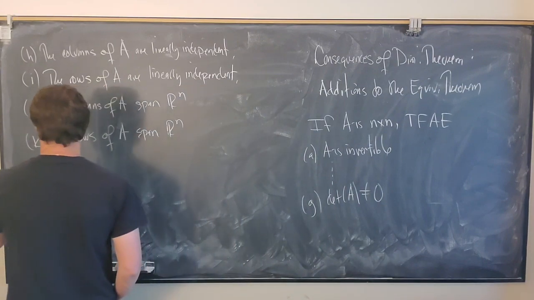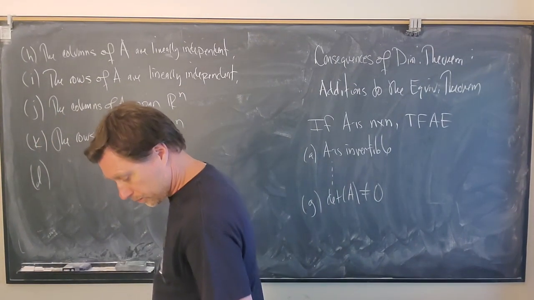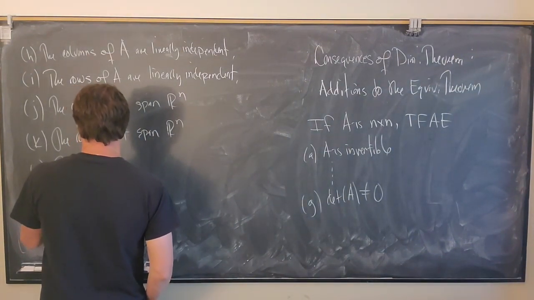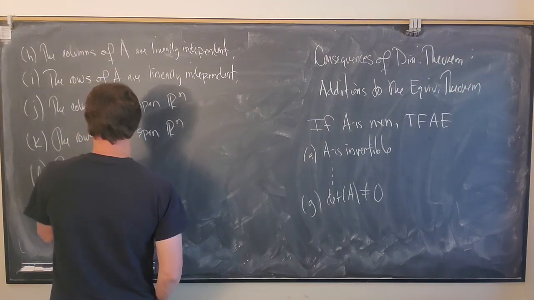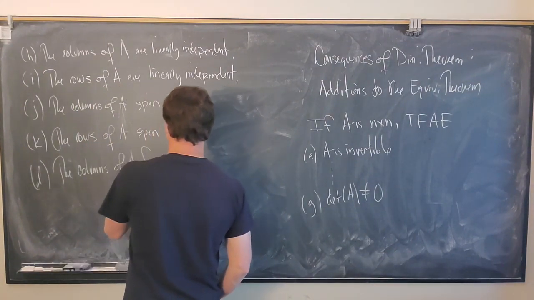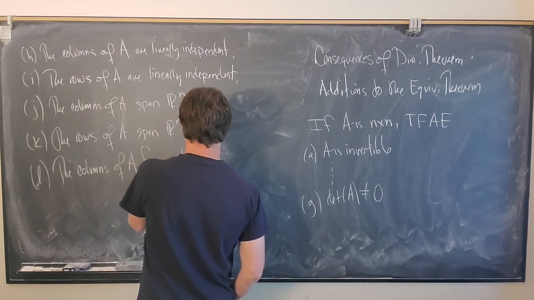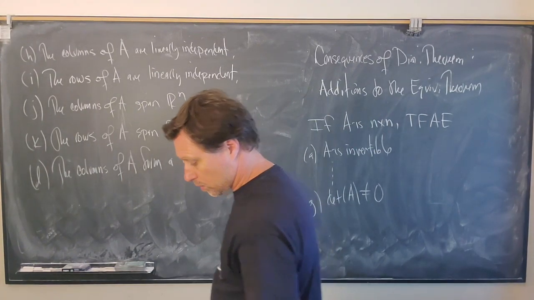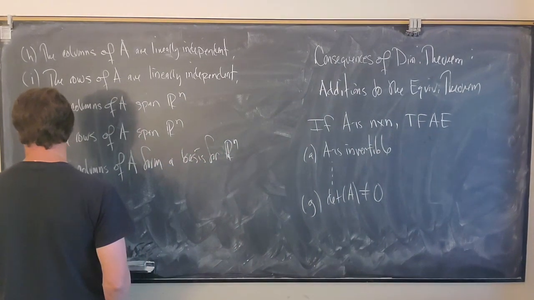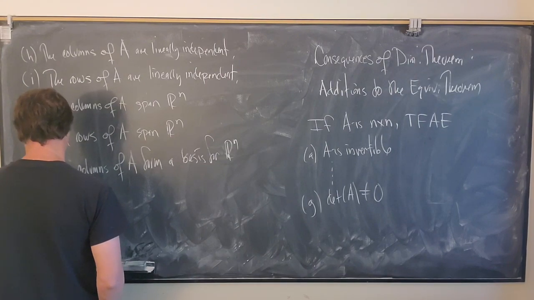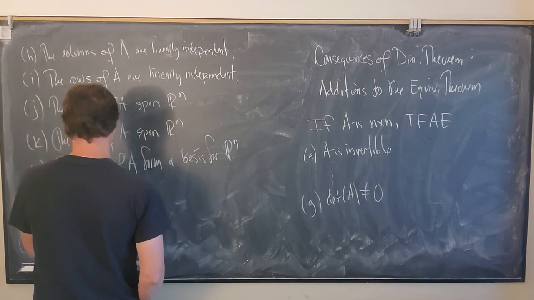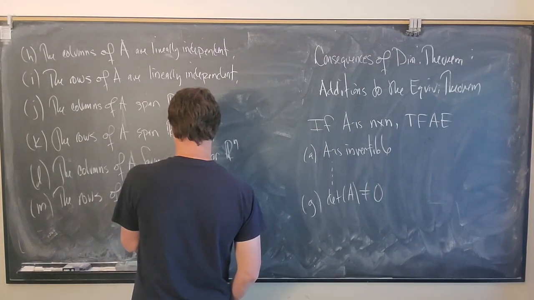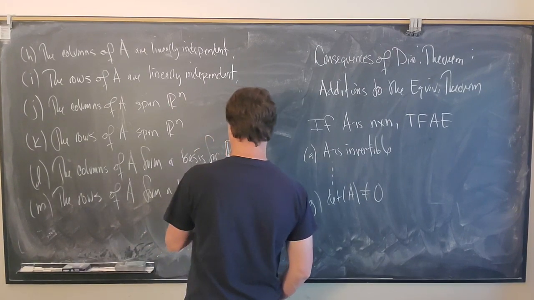Part L, the columns of A form a basis for Rn. Same thing, part M for rows, so the rows of A form a basis for Rn.